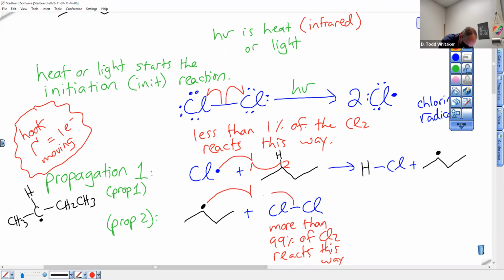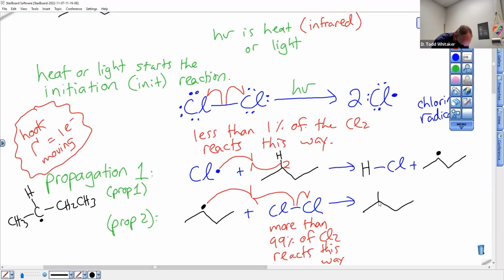Carbon grabs Cl. I hope it looks a lot like the one above it. And you have made the other product from the top of the page. And we got a blue Cl. No, it's blue. You don't like that?